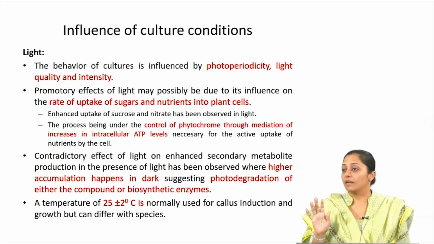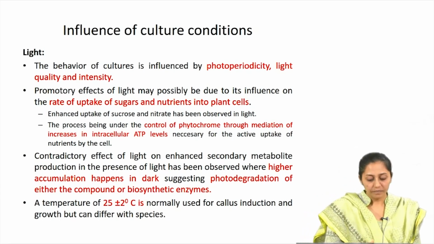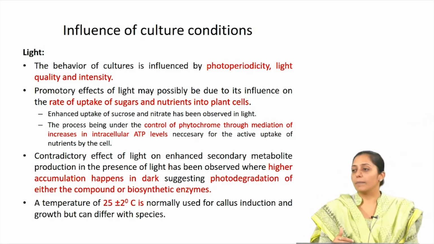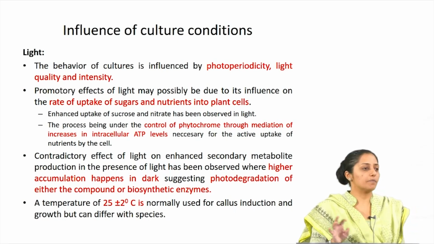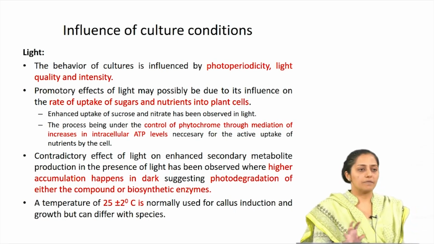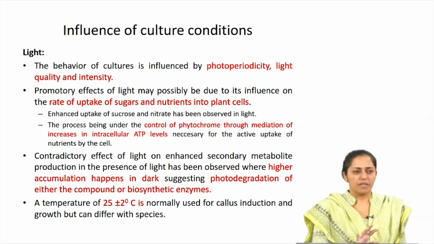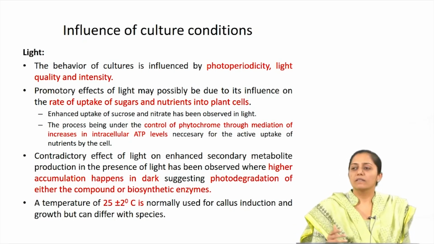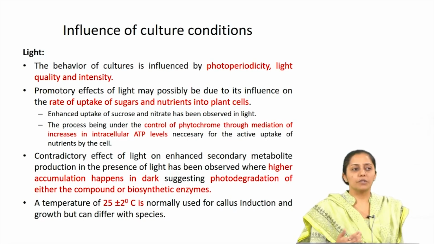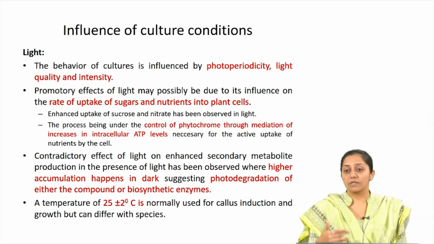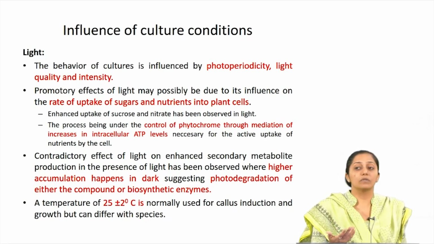So, some cues have to be obtained by how and where the secondary metabolite is getting synthesized under natural conditions. Now, coming on to temperature, generally 25 degrees plus minus 2 is found to be suitable for most of the species, but sometimes even a change of 2 or 3 degrees makes a difference. That is what we observed with Viola odorata.